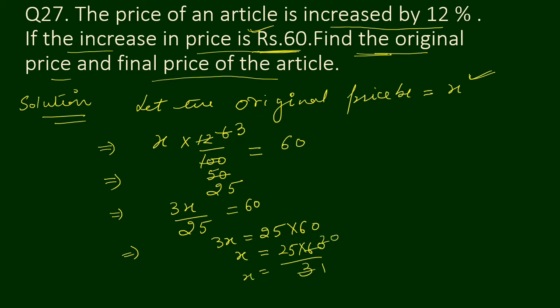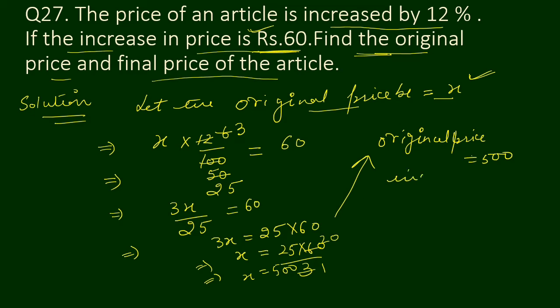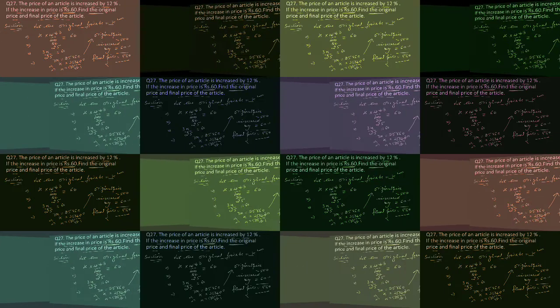In such a way you got x equals 500. Here I assumed the original price x, so the original price is 500, and it was increased by 60. So the final price will be 560. Clear?